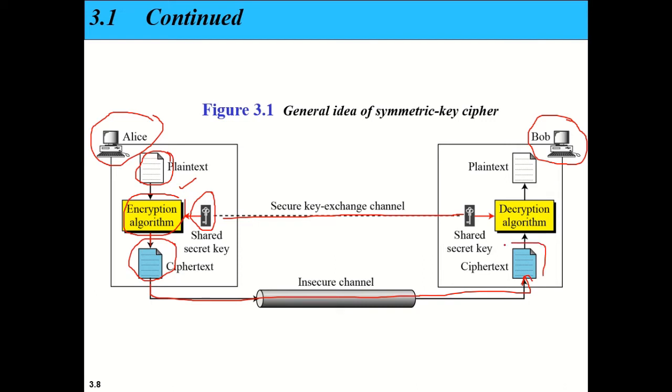Now Bob will get the ciphertext over here. Now decryption algorithm will be applied to this ciphertext with the help of this key, and as a result we will get this plain text. Okay, so Bob will be able to read this plain text, but here in between some attack could happen, so we have to take care that this attack does not happen over here, right?